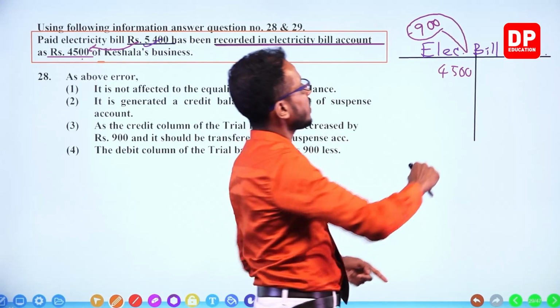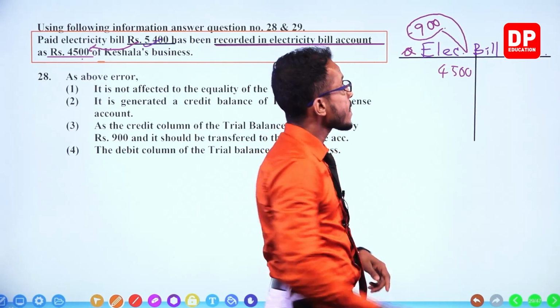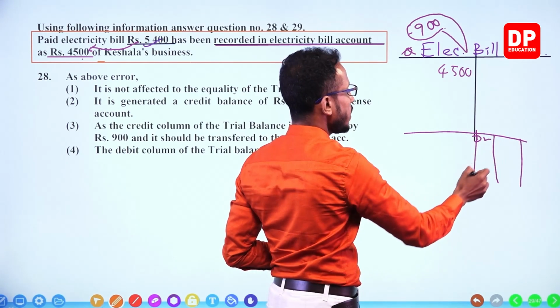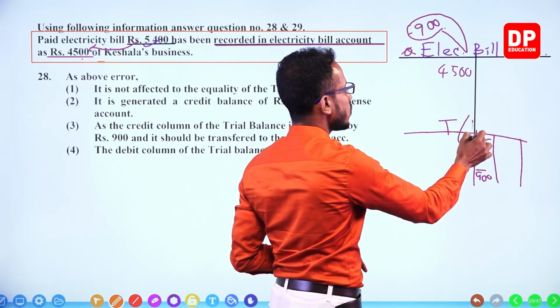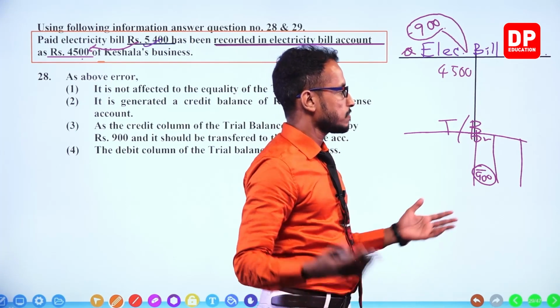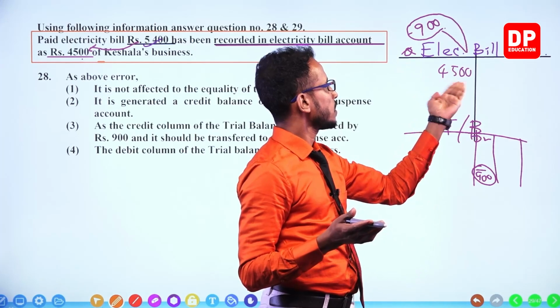So debit side 900 less means because of this electricity bill account error, the trial balance debit column will also be less by 900.